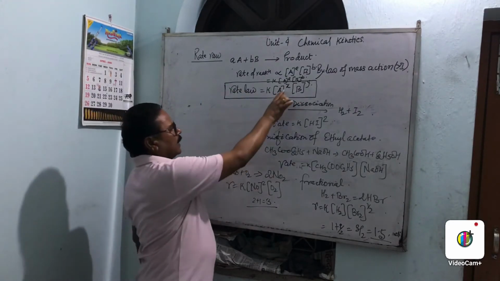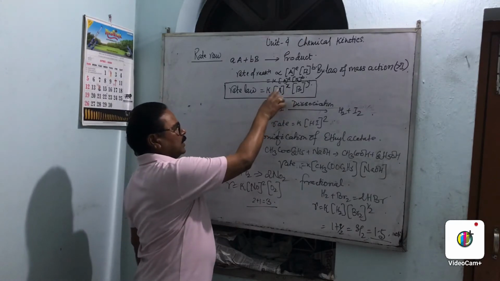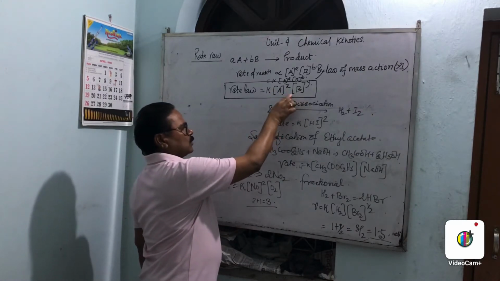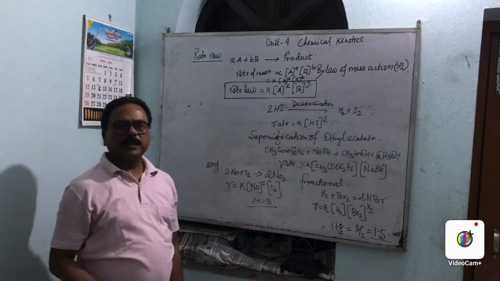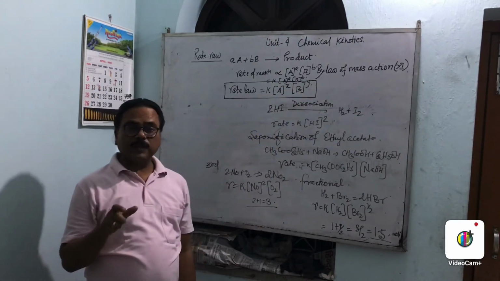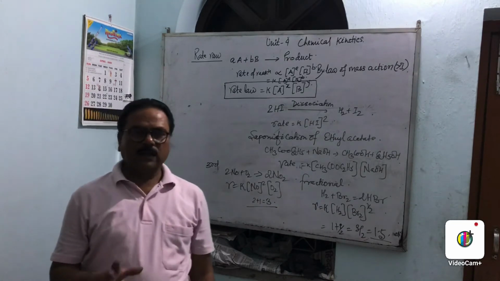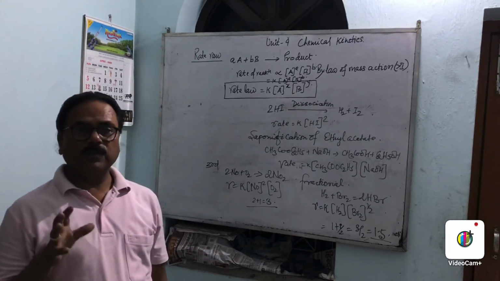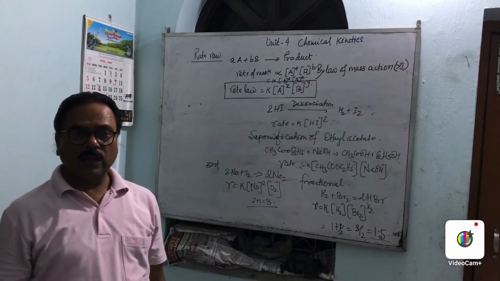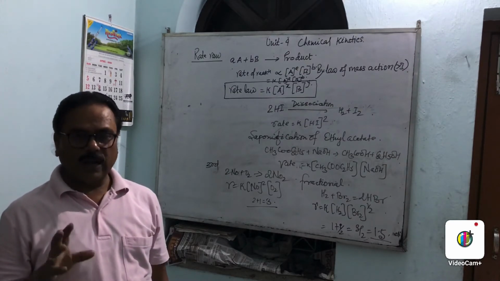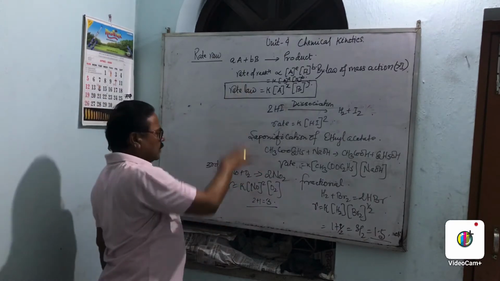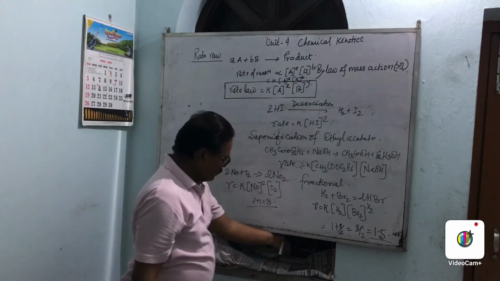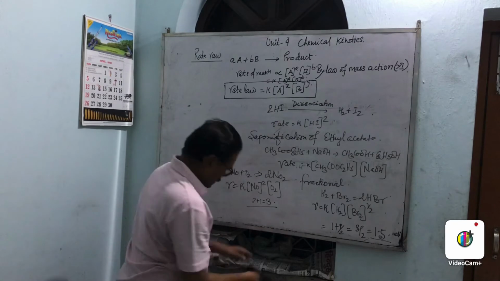So if X is with respect to A and Y with respect to B, adding these two, X plus Y, gives the overall order of a reaction. The reaction may be zero order, first order, second order, third order, or fractional order. You should at least remember each type of order with an example now.